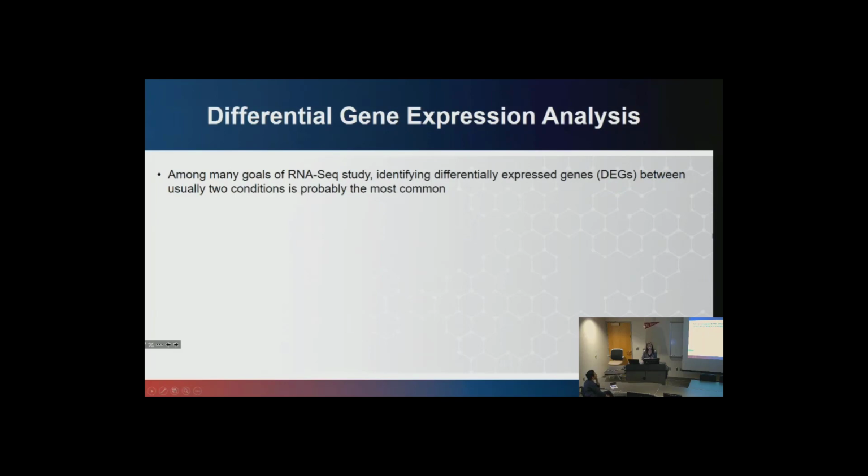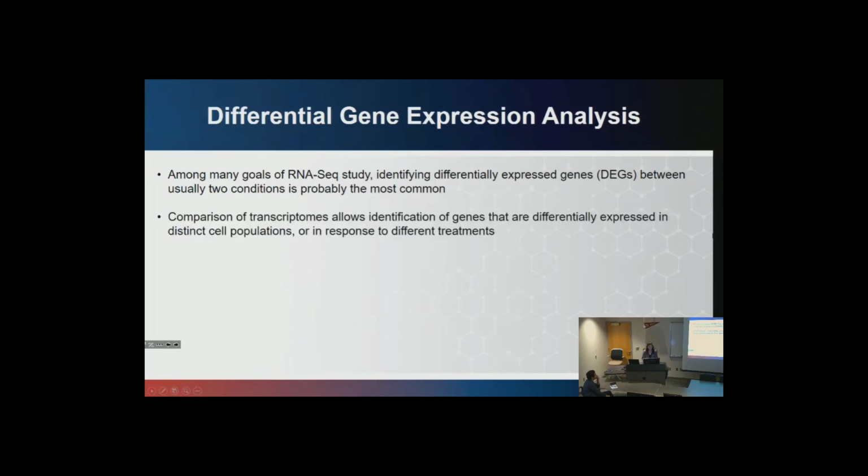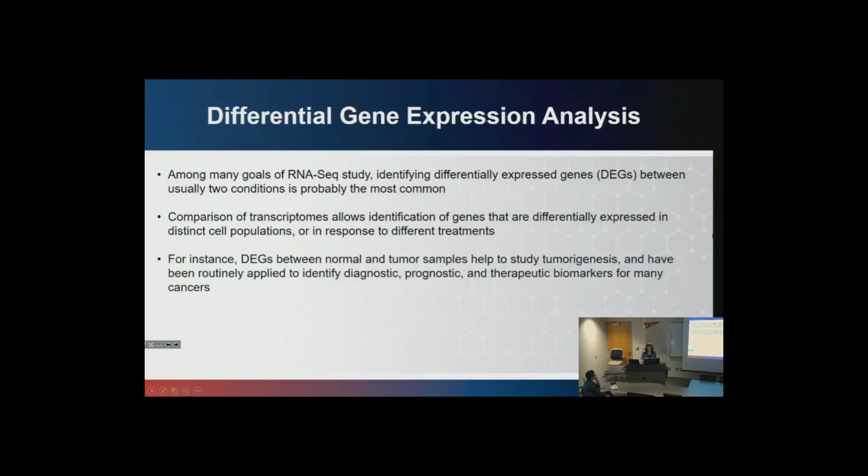Among many goals of an RNA-seq study, identifying differentially expressed genes between usually two conditions is probably the most common one. Comparison of transcriptomes allows identification of genes that are differentially expressed in distinct cell populations or in response to different treatments.